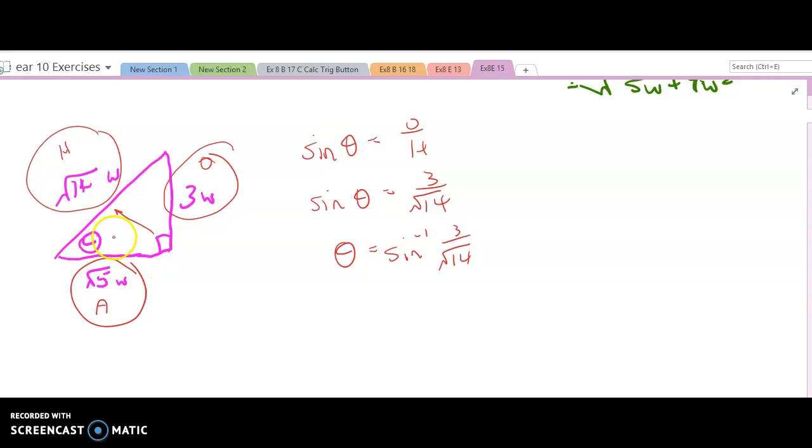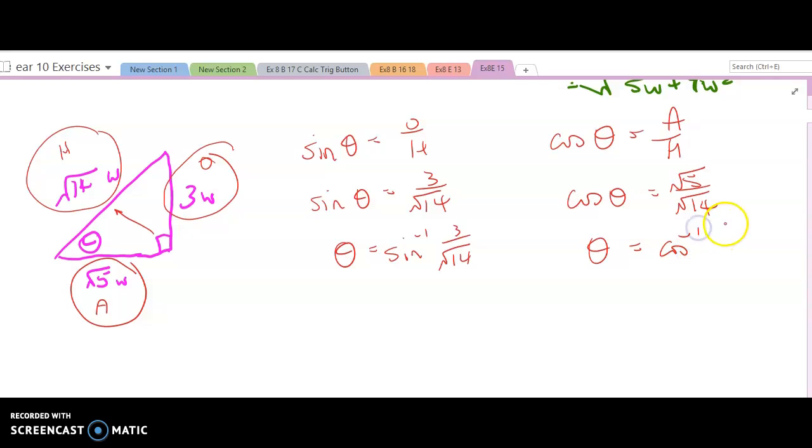The alternative, of course, is I could have used, say, tan. Actually I might use A and H and do cos. So cos theta equals A over H, cos theta equals root 5 over root 14. Theta equals the inverse cos of root 5 over root 14. Go into our calculator.